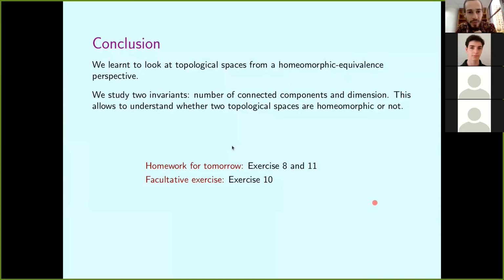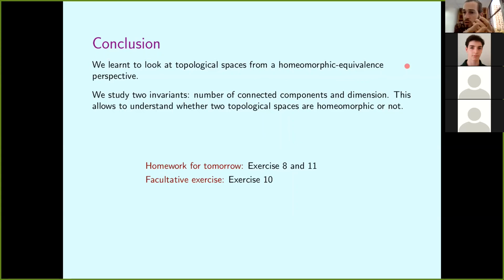Well, this is the end of the lesson. I introduced today the homeomorphic equivalence point of view we will adopt as topologists on topological spaces and on data. And in order to study these classes of homeomorphic equivalence, I introduced two invariants: number of connected components and dimension.